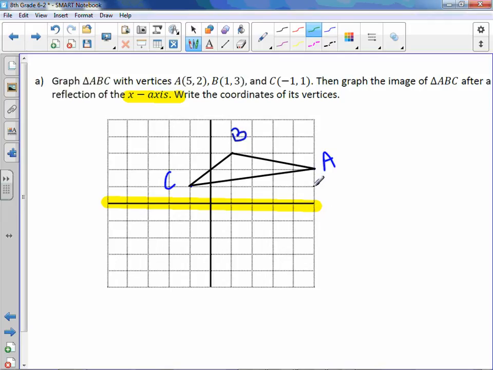A is 2 spots away, so I go 2 spots away on the other side, and this is A prime. B is 3 away, this is B prime. And C is 1 away, this is C prime.